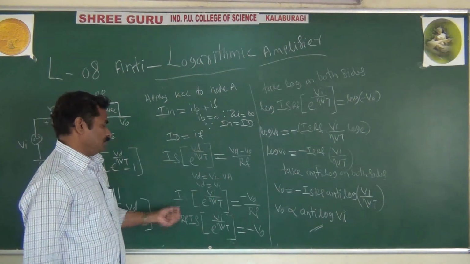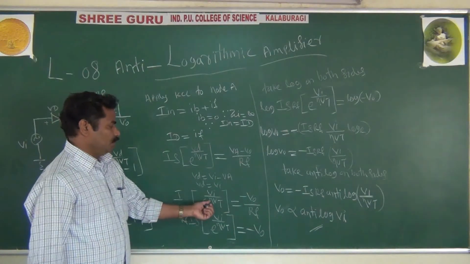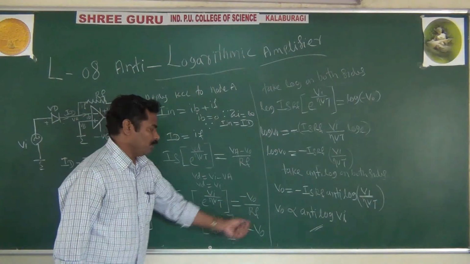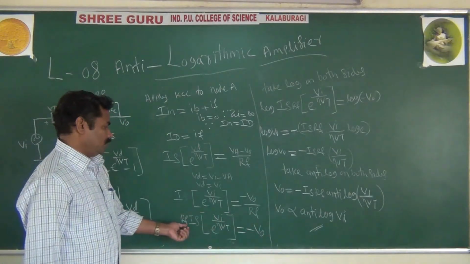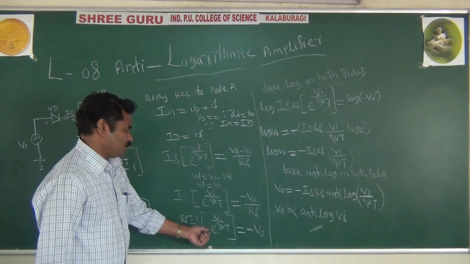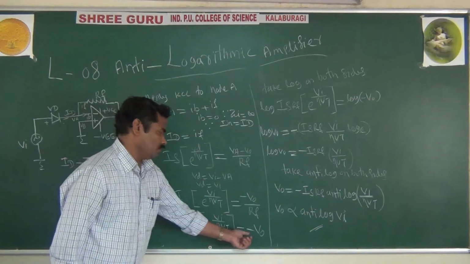We can write Is into e raised to VI by eta into VT is equal to minus V naught by RF. If you want to take RF to this side, RF into Is e raised to VI by eta into VT is equal to minus V naught.